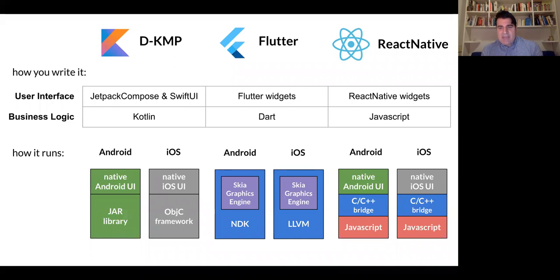But the code that runs is actually JavaScript code, which is able to run thanks to a C++ bridge. So as you can see, if you compare D-KMP to Flutter and React Native, there is a huge difference in terms of how native it is. And in terms of performance, it's clearly much better as well.